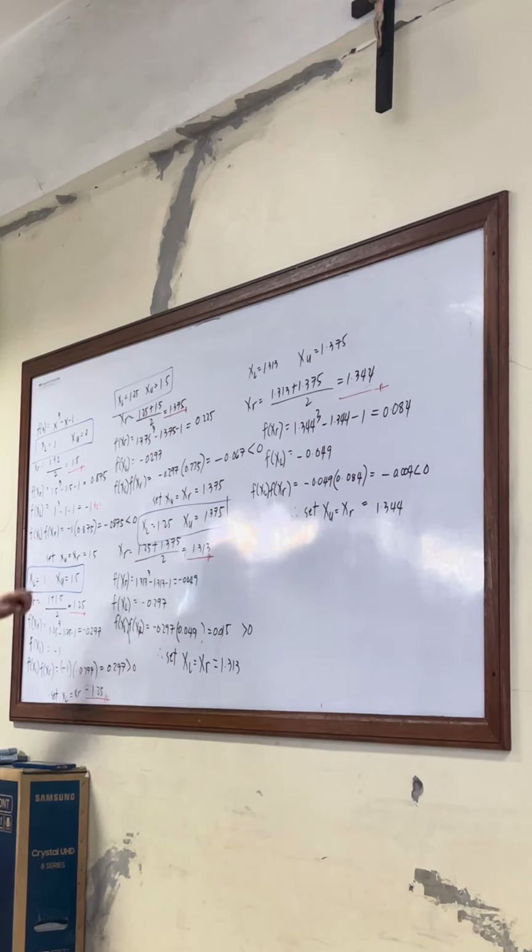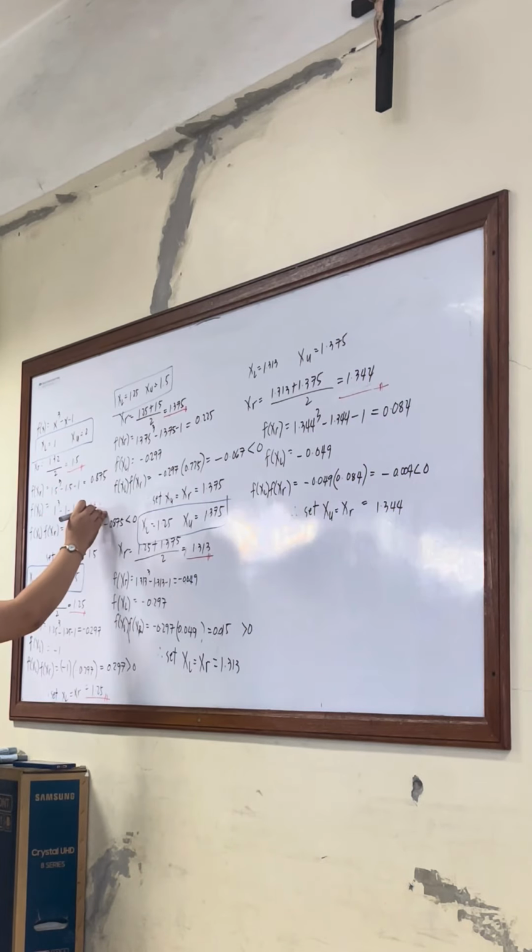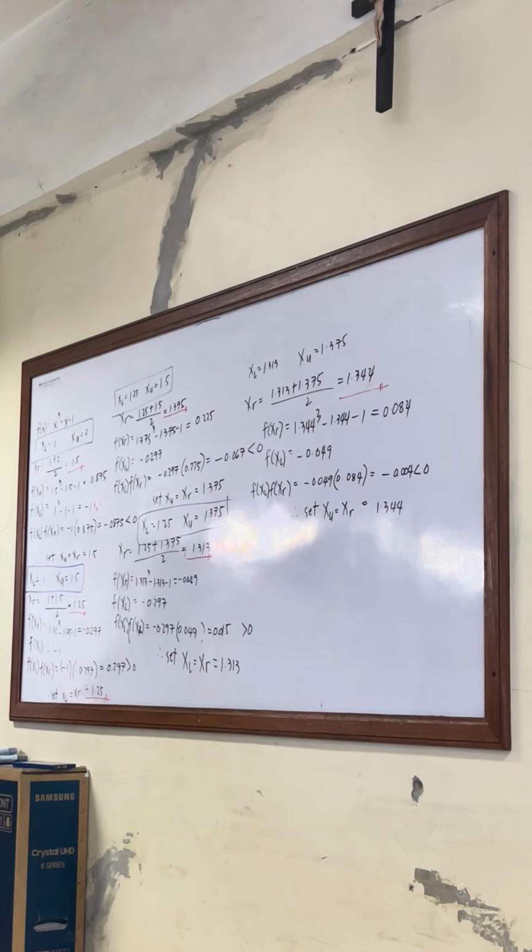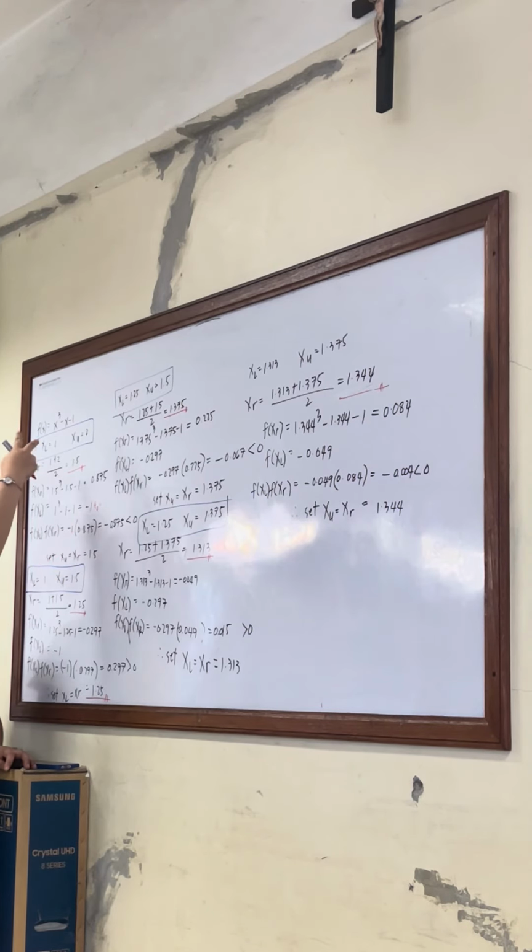E sub A na lang na diretso. Kaya mo man yung error criterion. Dapat tayo E sub A sa first iteration? Yes or no? No. Yes or no?